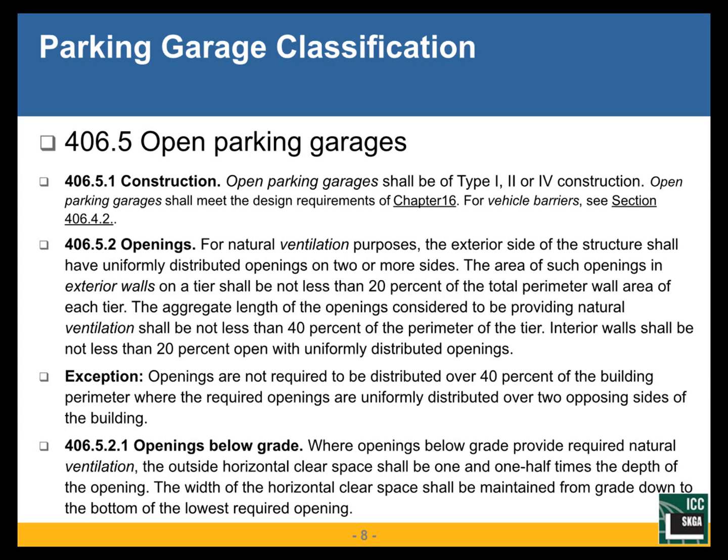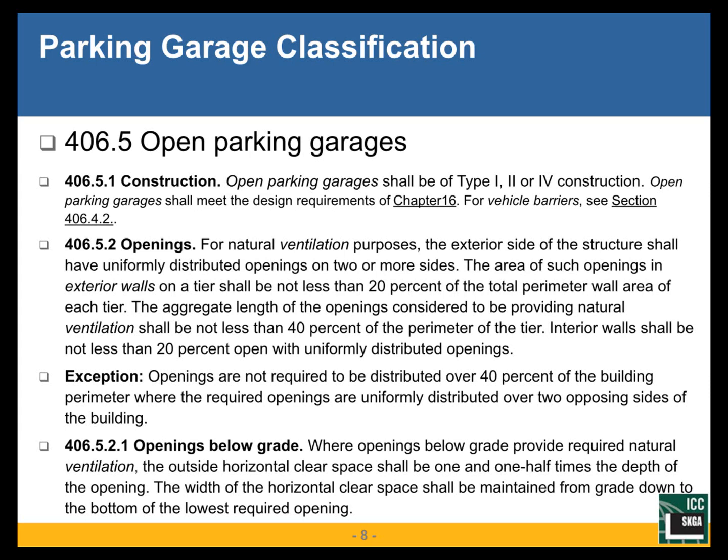And interior walls shall be not less than 20% open with uniformly distributed openings. Openings are not required to be distributed over 40% of the building perimeter where the required openings are uniformly distributed over two opposite sides of the building. This is an idea of creating cross ventilation and not requiring the total air perimeter if the ventilation through the structure is end to end or side to side.